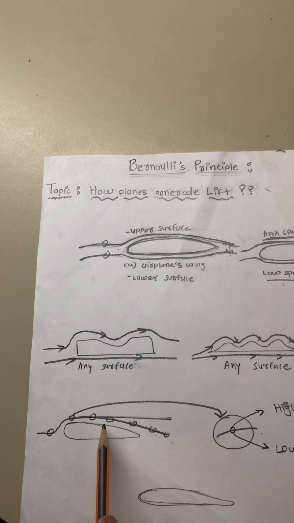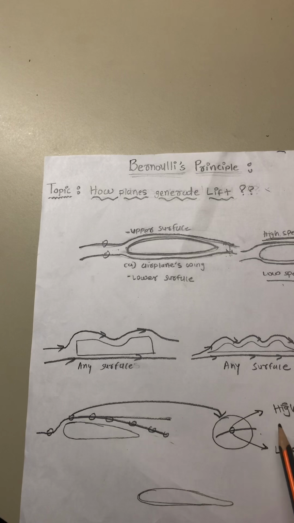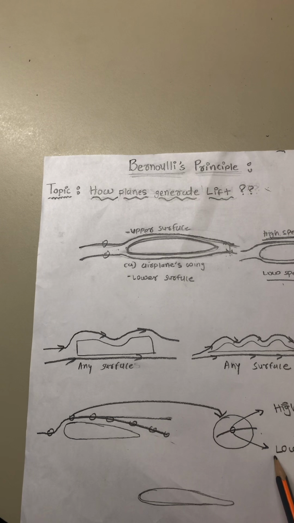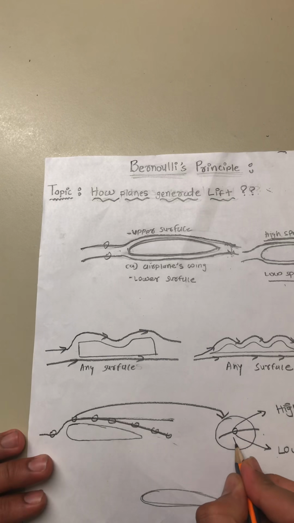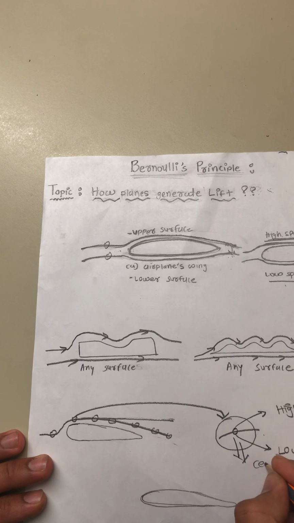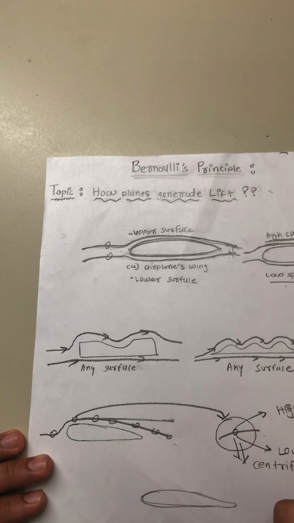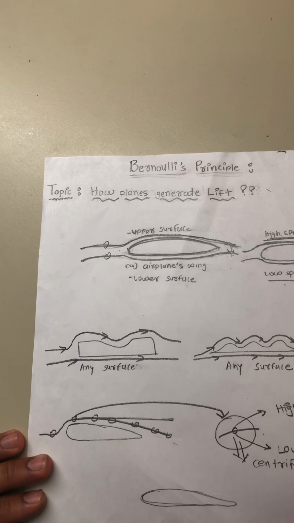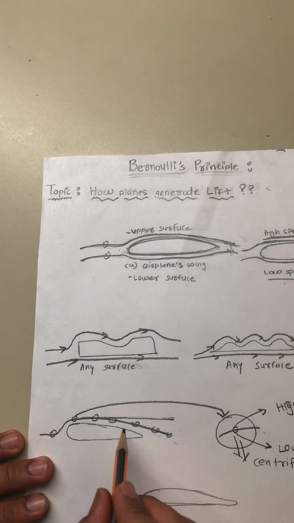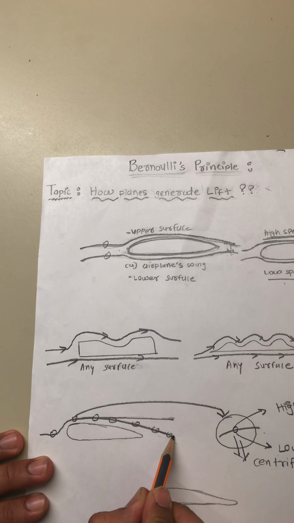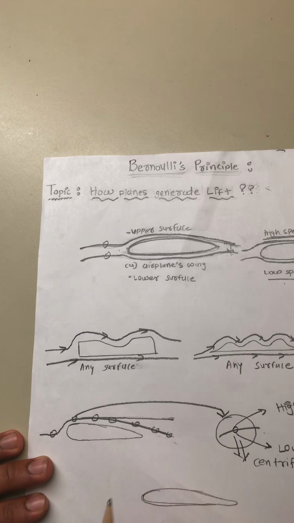The particle can only flow with the curve if it feels high pressure on the top and low pressure at the bottom. This will create the centrifugal force, which is why the flow is always attached to the foil of the wing. The effect is known as the Coanda effect.